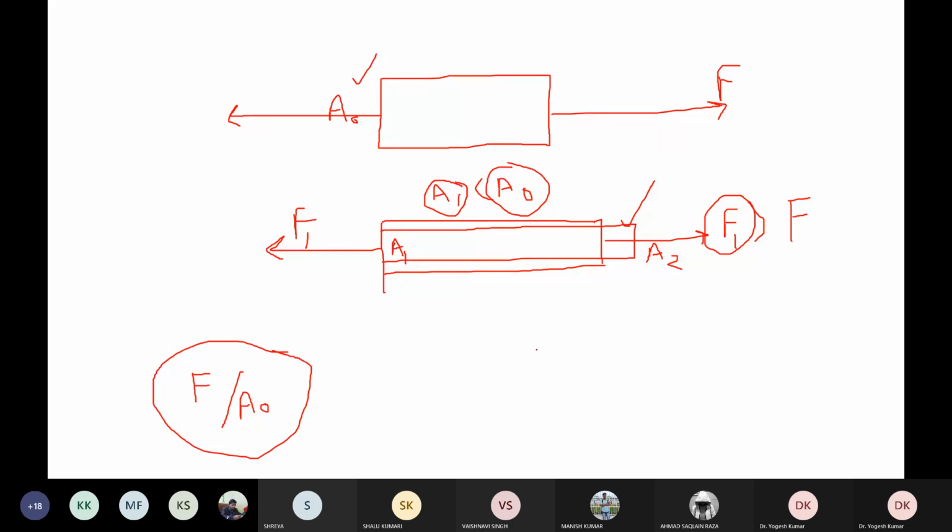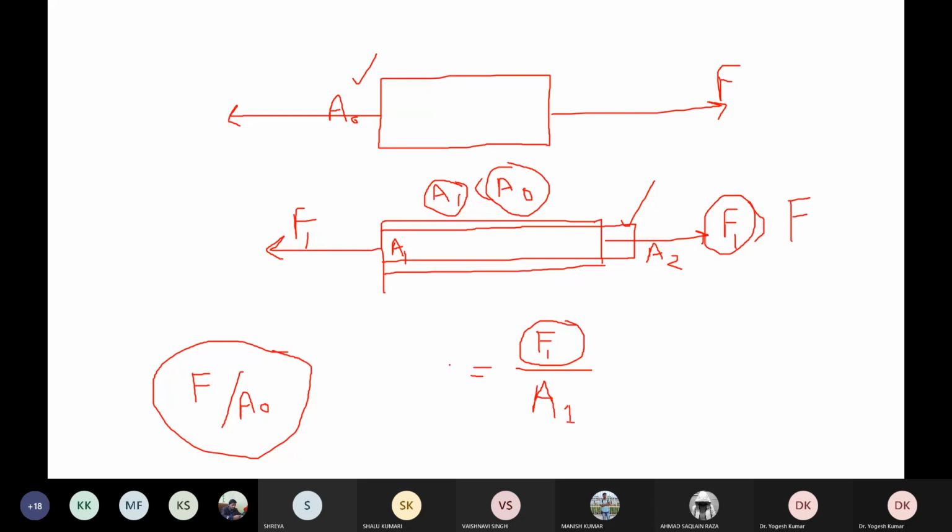So how is this true stress given? True stress is given as your applied force, suppose F1, divided by your instantaneous cross-sectional area. So we have to measure the cross-sectional area of your test specimen after the application of this particular force. In this case, your cross-sectional area will be A1.